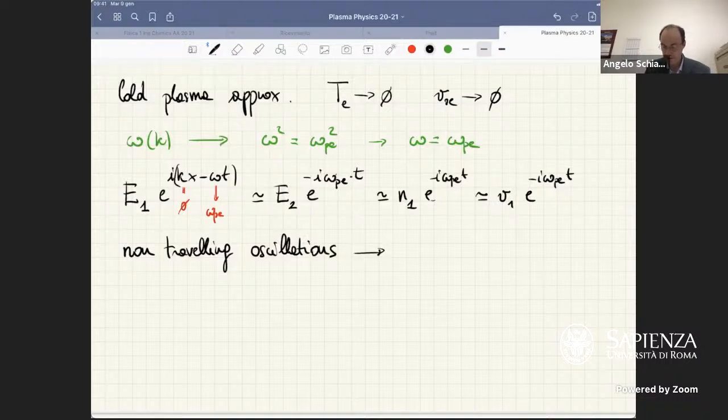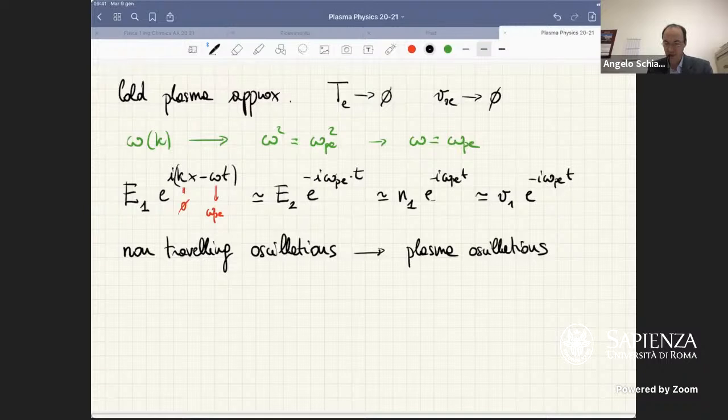And this is the plasma oscillation, exactly what you studied at the beginning of the course, when we have a layer of electrons slightly displaced and pulled back into place by the positive charge left behind when this layer of electrons moves to one side and starts this oscillating motion.